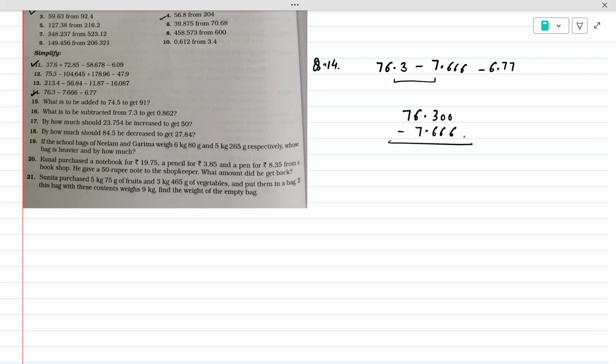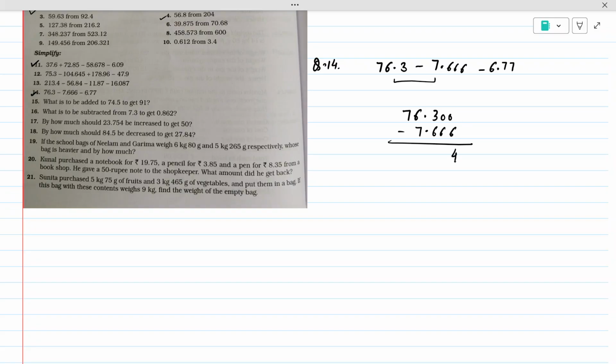Now what we have to do is subtract these two numbers. We have 76.300 minus 7.666. 10 minus 6 is 4.